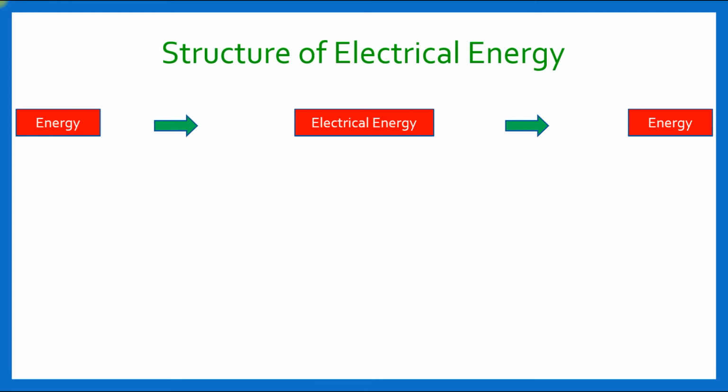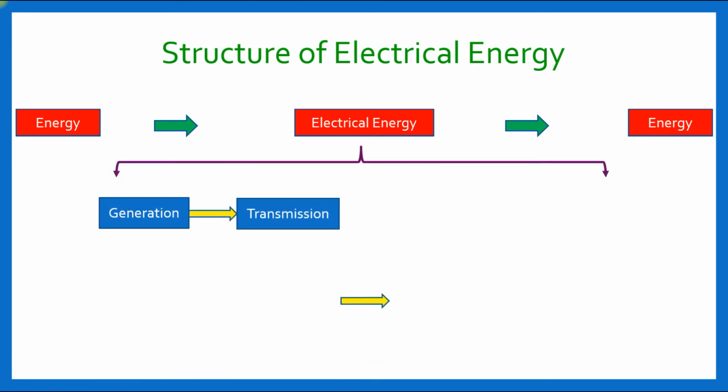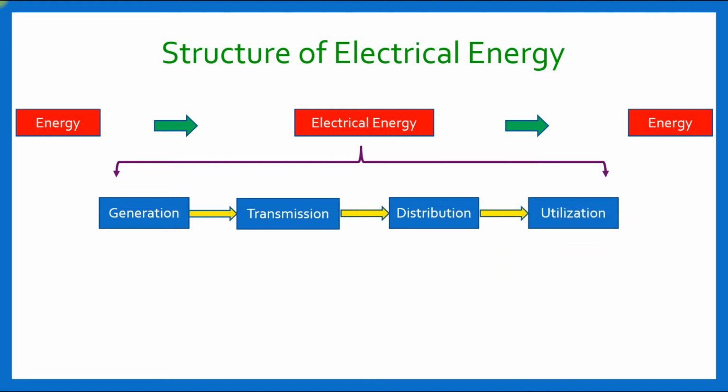So electrical energy or electrical power can be categorized into four parts: generation, transmission, distribution, and utilization. These are the four parts we can handle under electrical power, or you can simply call it electrical energy.